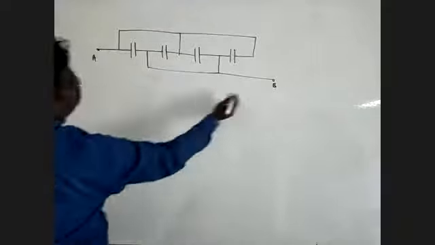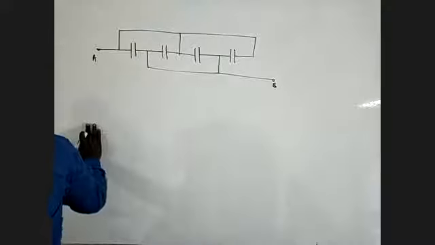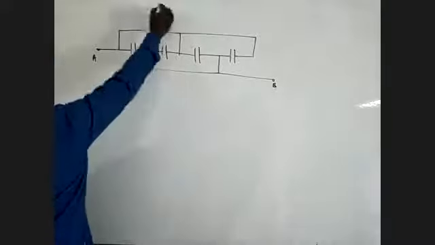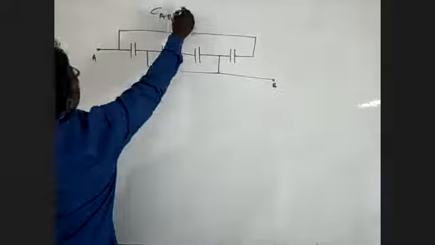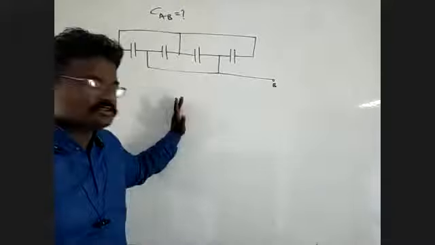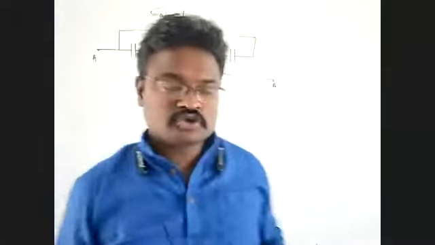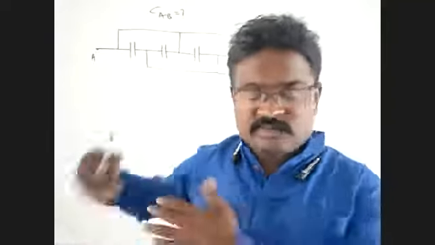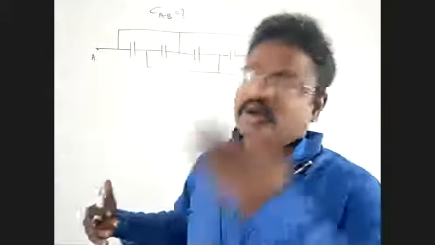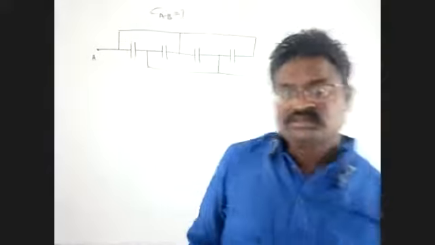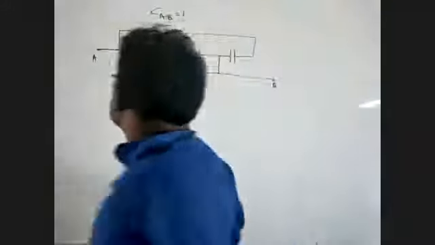This is point A, this is point B, given. So CAB is the question mark. This problem is also related to the same potential concept.